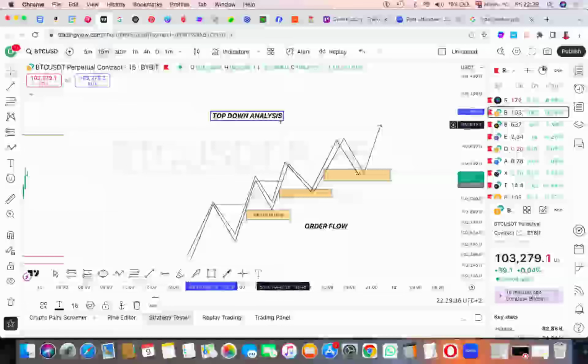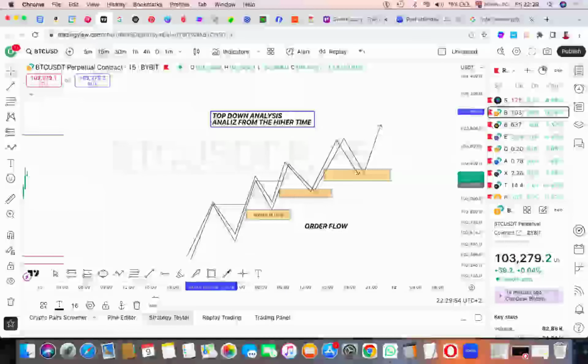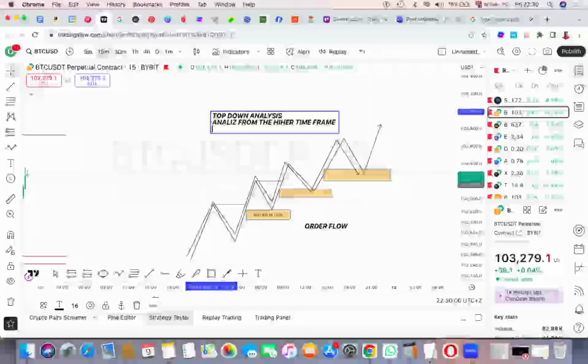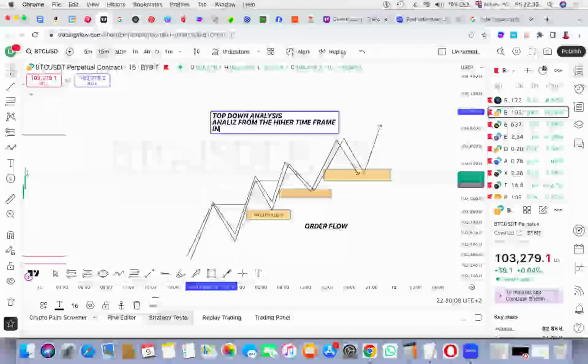So for you to do a clear top-down analysis, you want to analyze from the higher time frame, and then you identify your market direction.